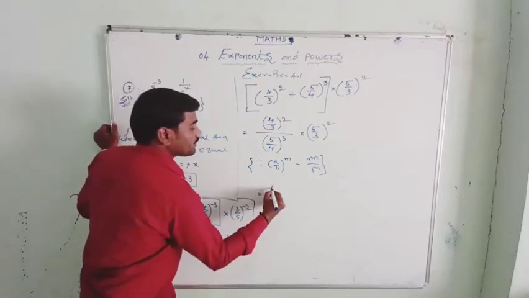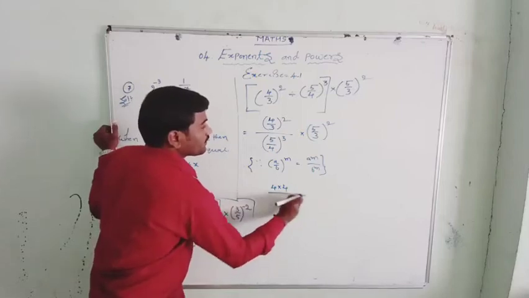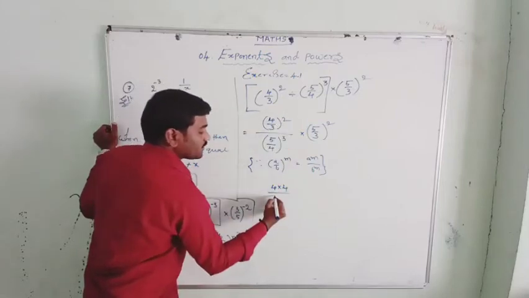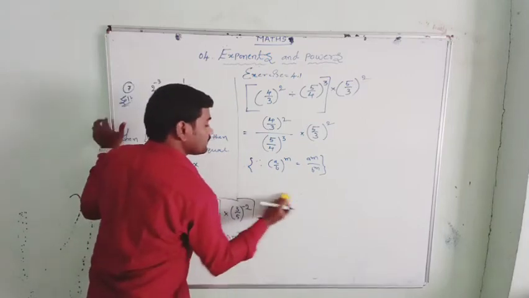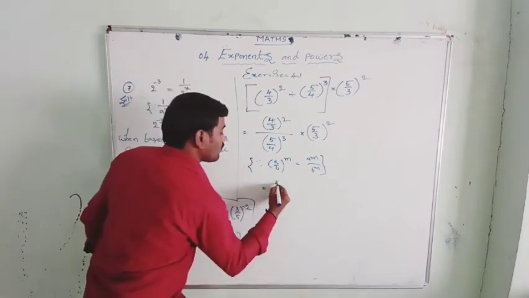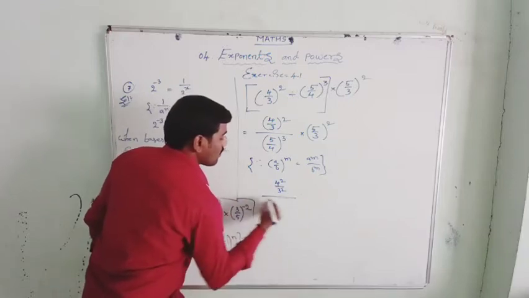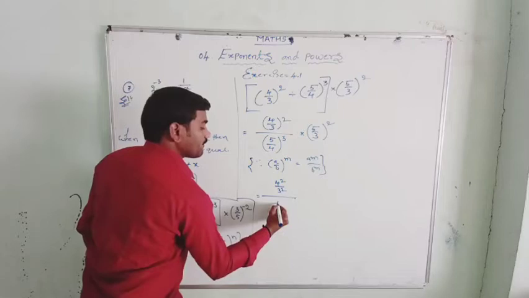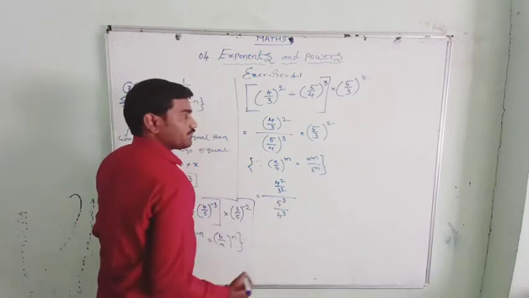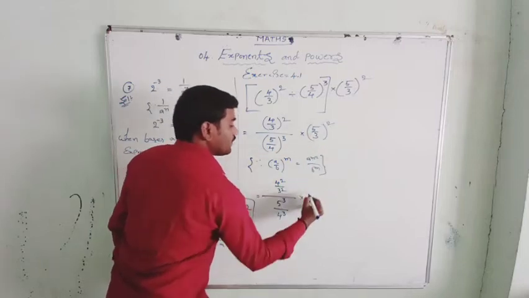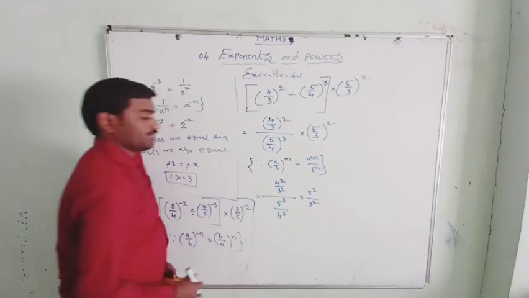Let's go for that. You have 4 into 4, whole by 4 squared and 3 squared, that means 3 into 3. We can write it like this: 4 squared by 3 squared, whole by 5 to the power of 3 by 4 to the power of 3, into 5 squared by 3 squared.